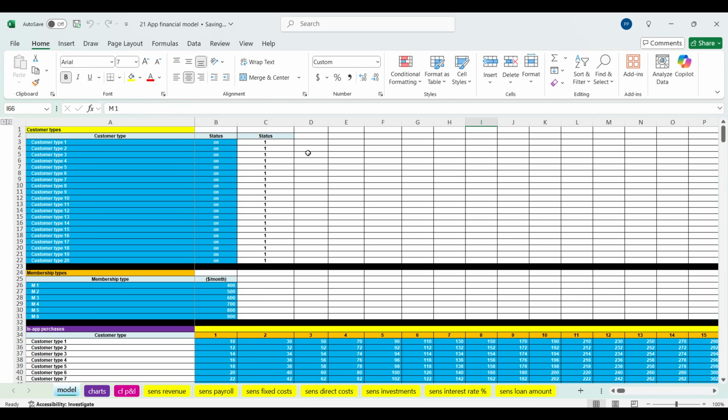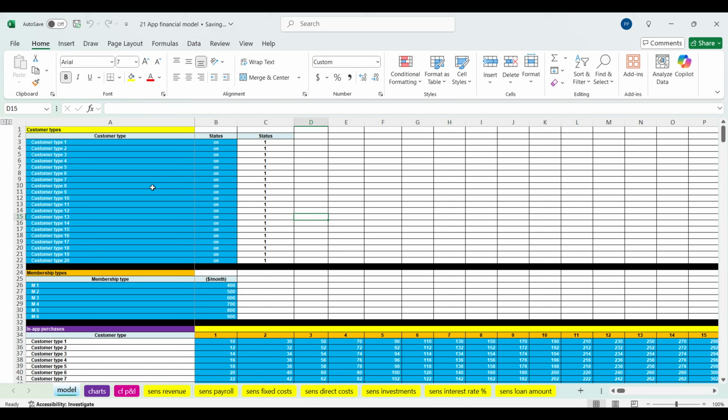That's why we assign a specific color for all the inputs throughout the whole financial model. In our case, that will be blue. These are the inputs, these are the inputs. So this will be the unique color for all our inputs.